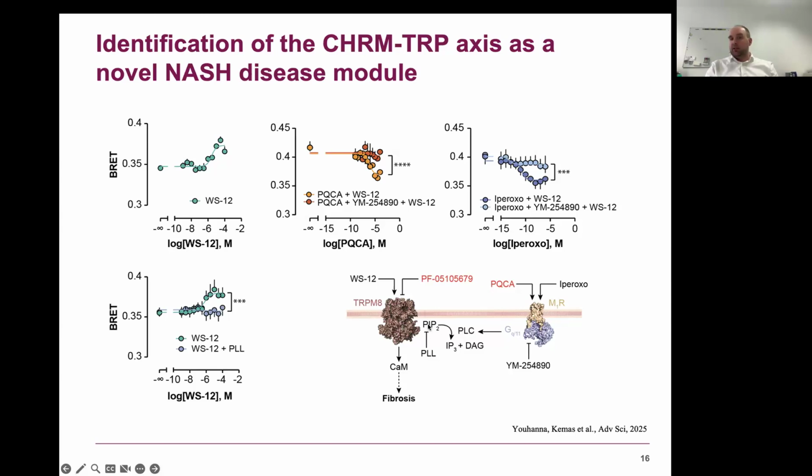And PLC metabolizes this PIP2 molecule, which happens to be a cofactor for TRPM8. So we see that we can phenocopy the inhibitory effect of this TRPM8 antagonist with an activation of the muscarinic receptor. And this results in an activation of calmodulin, and how this is then overall linked to fibrosis remains a subject of further discussion and investigation.